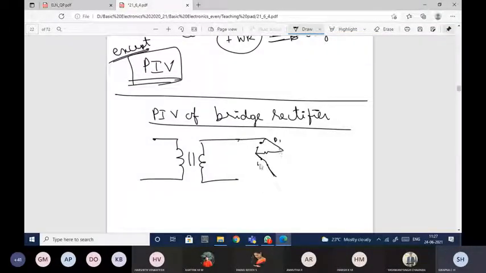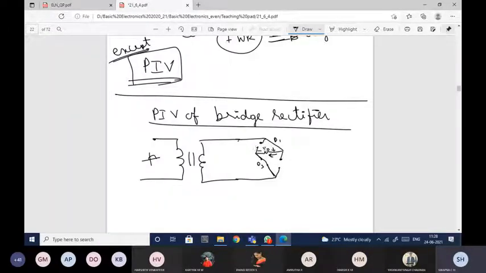D1 and D3 are forward biased when we are providing the positive half cycle. Either D1, D3 are forward biased or D2, D4 are forward biased, and still there was current flow in this direction. If you recall, this is plus, this is minus, and this is V0. Now I need to calculate PIV here.